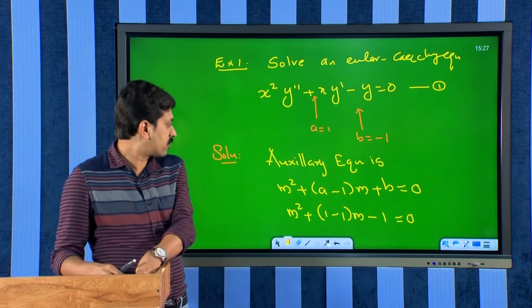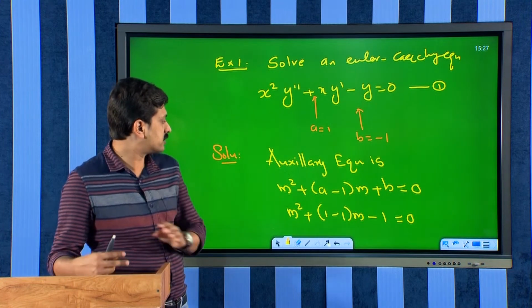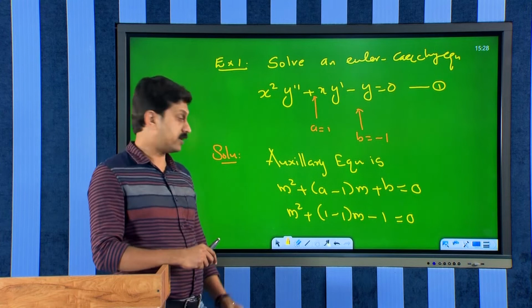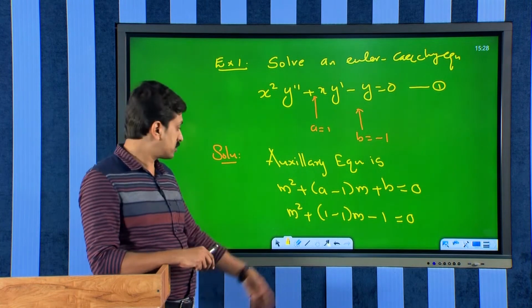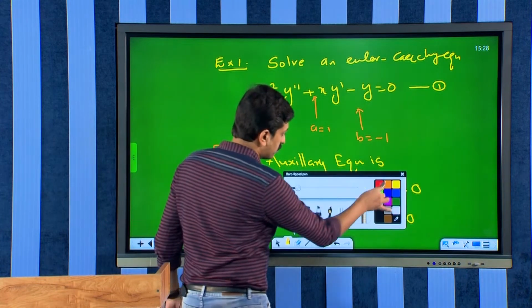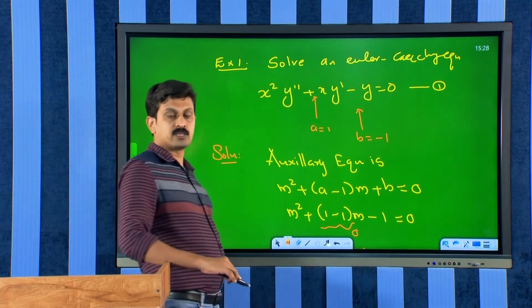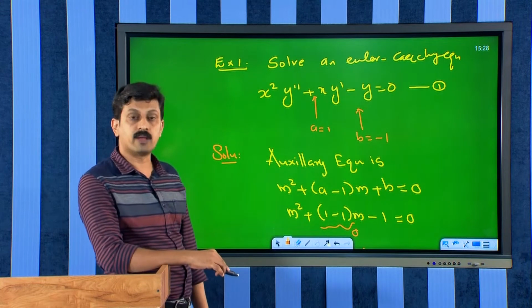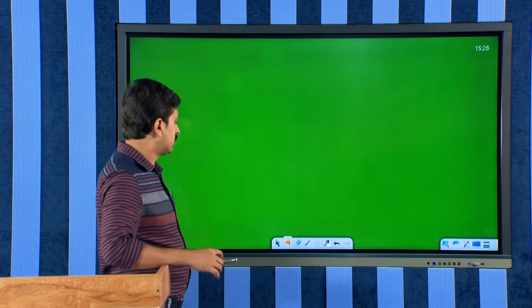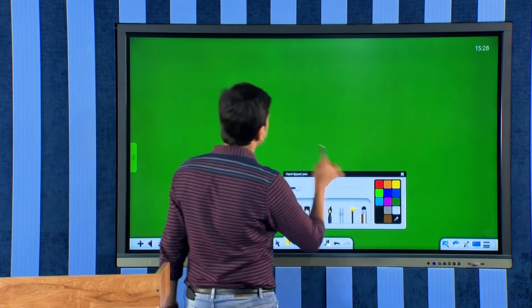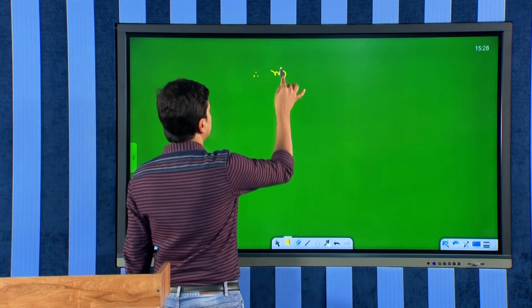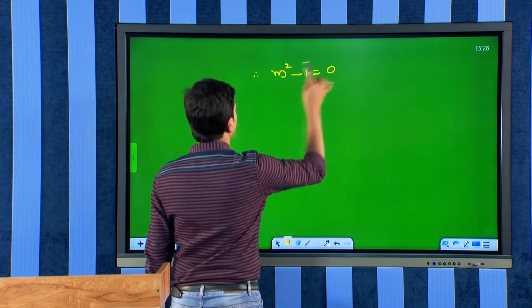Therefore, m square plus 1 minus 1 into m plus minus 1 equal to 0. The second term will be 0. Finally, we will have m square minus 1 equal to 0.